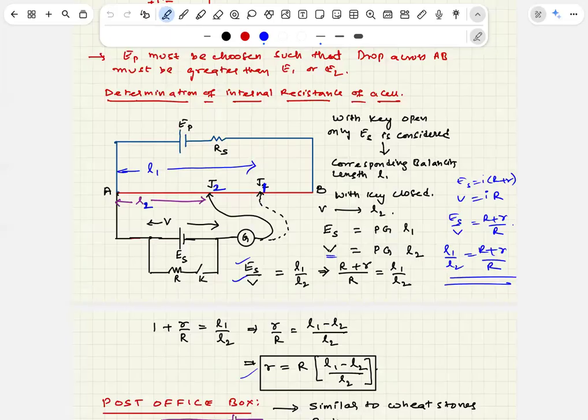Ask me again. Which is more, EMF or potential drop? E has more length, V has lesser length. Clear? Right.